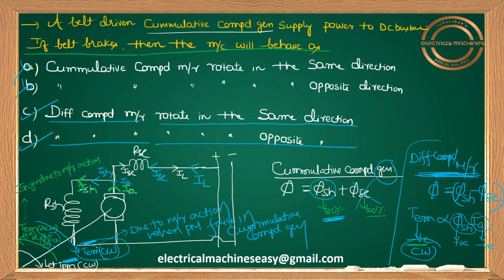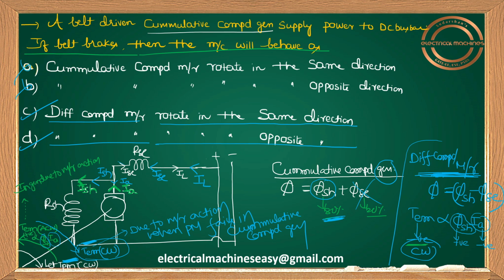So after getting the direction of T_EM due to motor action when the prime mover fails, you have to compare it with the prime mover torque, not with the generator's electromagnetic torque.